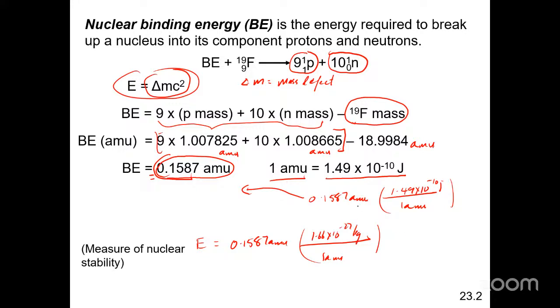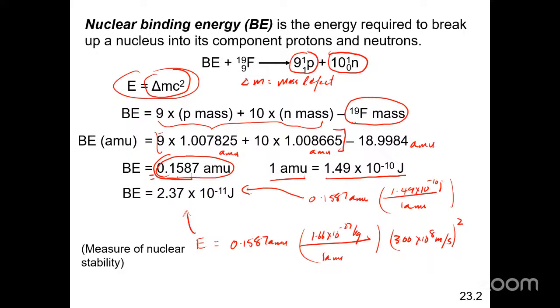Then I'll multiply that by c squared. c is the speed of light, which is always 3.00 times 10 to the 8 meters per second. When you do that calculation, that will give you the same answer, 2.37 times 10 to the minus 11. So those are two ways you can go about calculating the binding energy, all right?